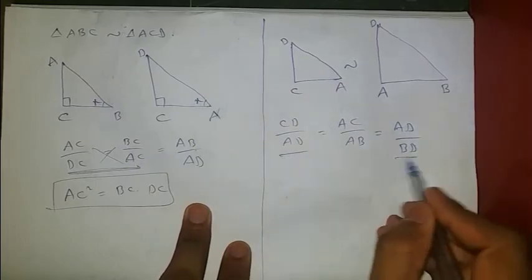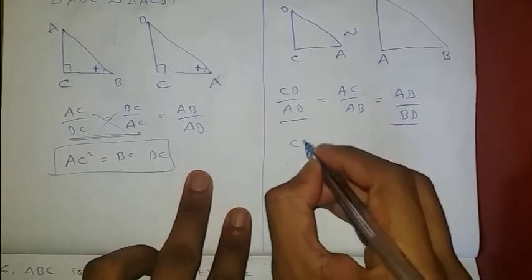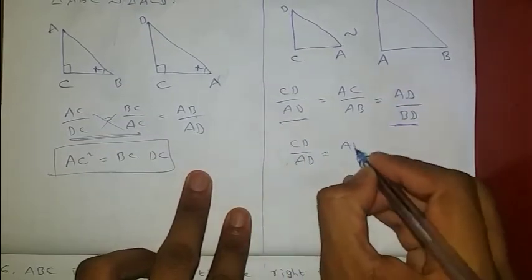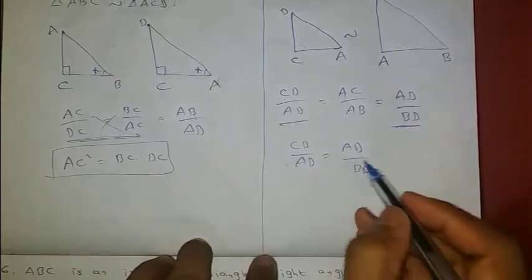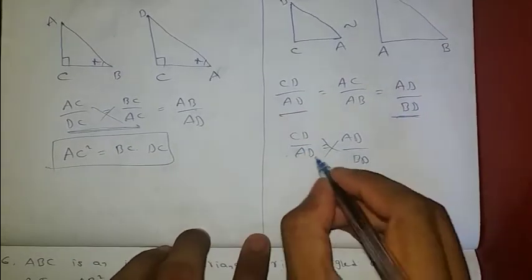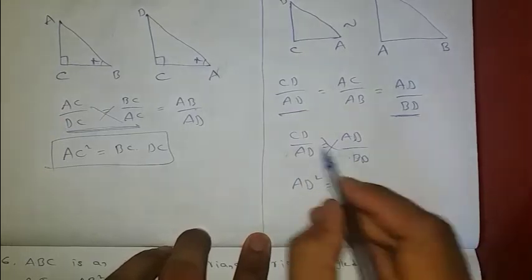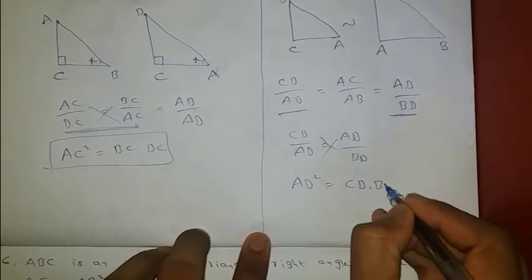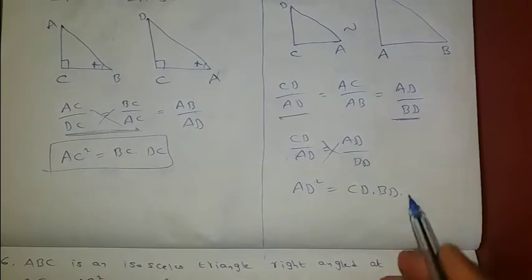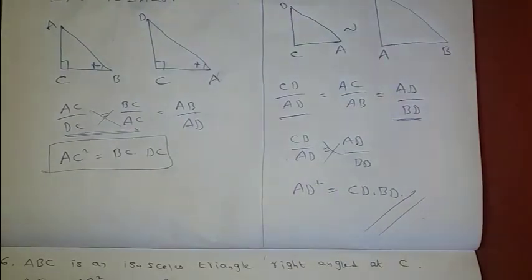Now I will take this first one and third one, that is CD by AD is equals to AD by BD. If we cross multiply AD into AD, AD square is equals to CD into BD. Hence proved.